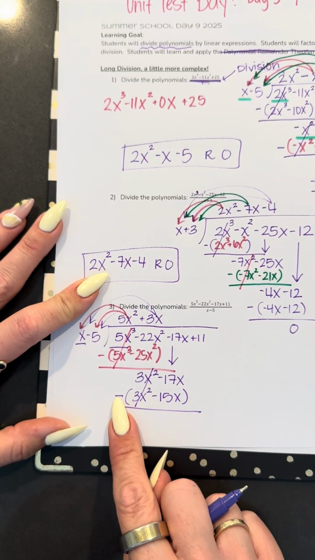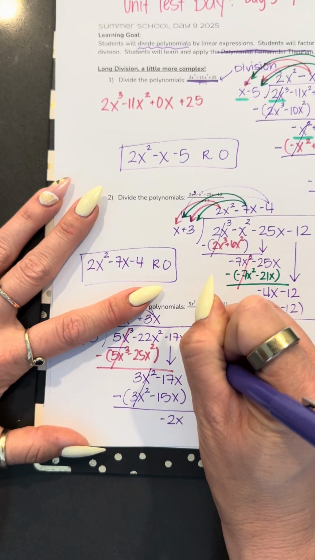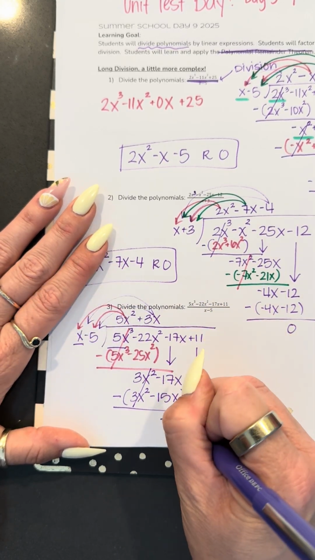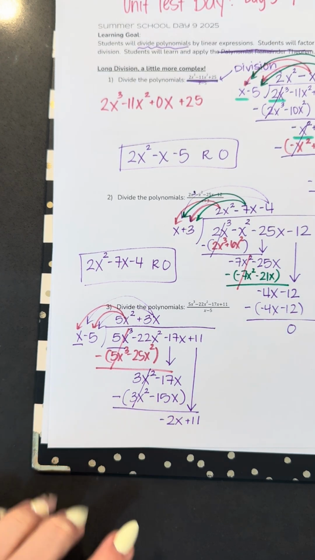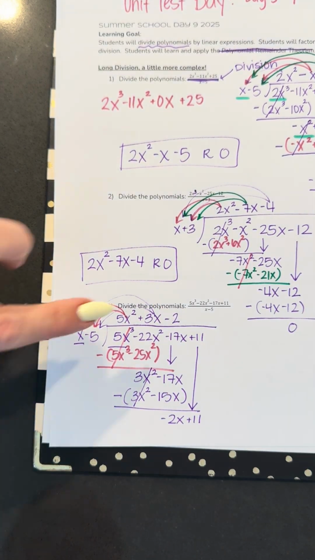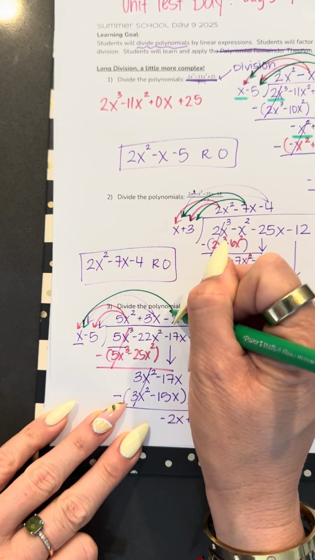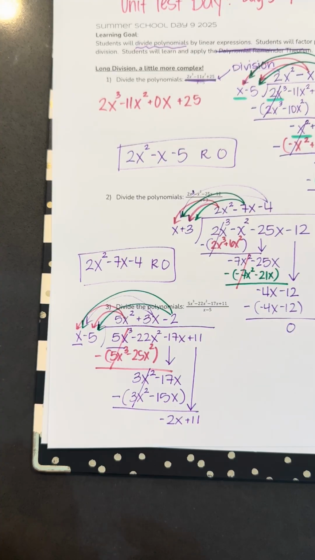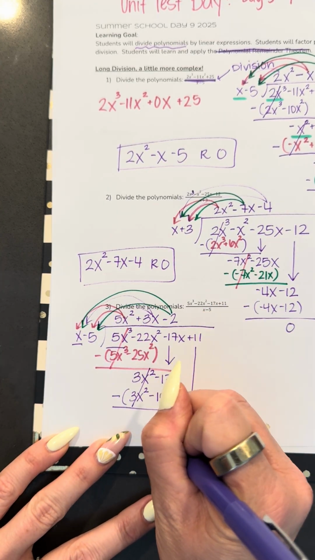Negative 17x minus negative 15x, that is negative 2x. Bring down my 11. Lastly, x times what is -2? My answer is -2. And then so lastly, I'm going to distribute this number to all that's in front over here. And that leaves me with -2 times x.